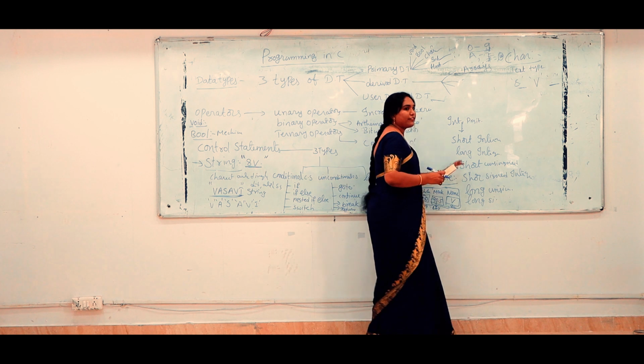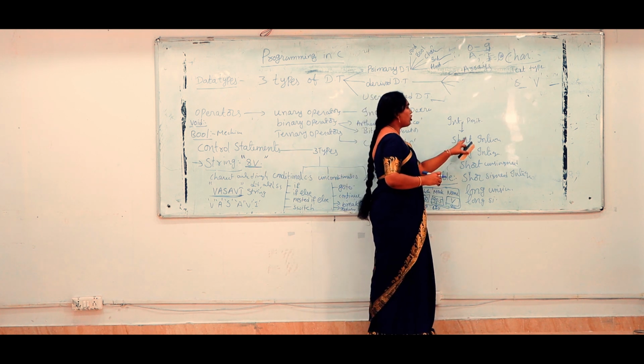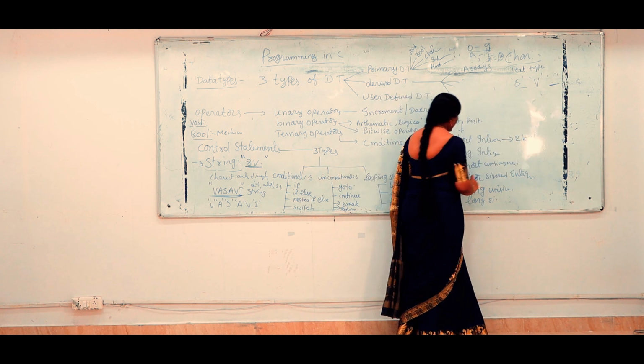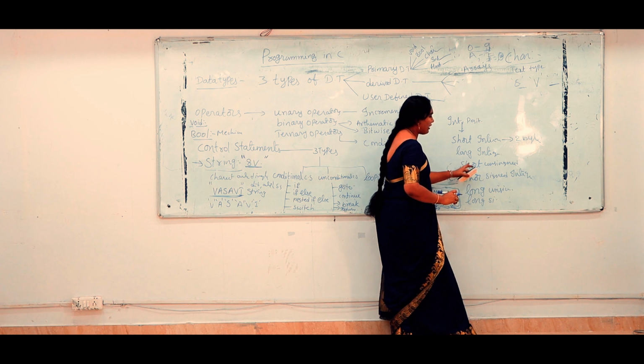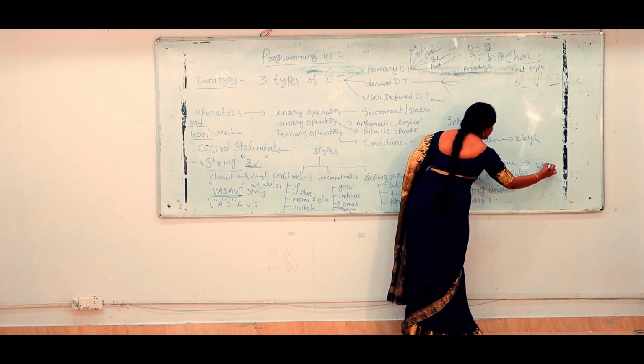These are all the different types of integers. The normal integer occupies 2 bytes of memory, and the short integers also occupy 2 bytes of memory only.